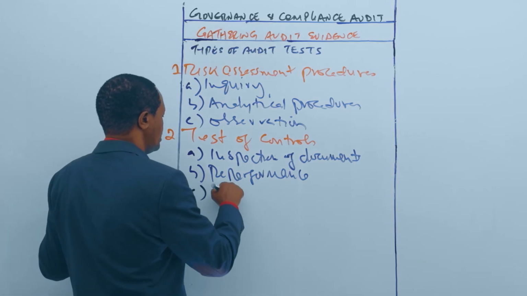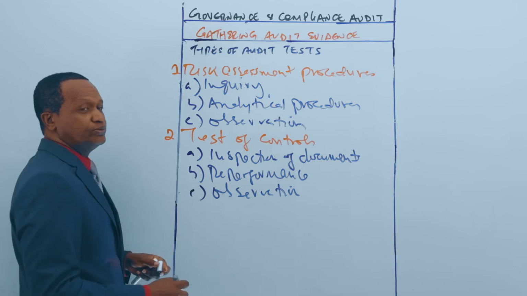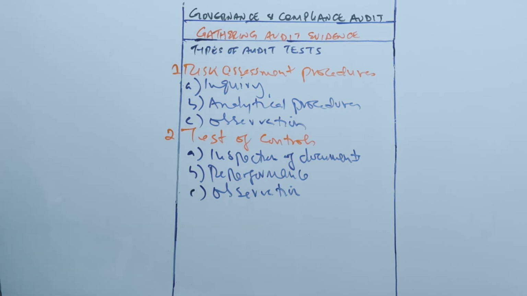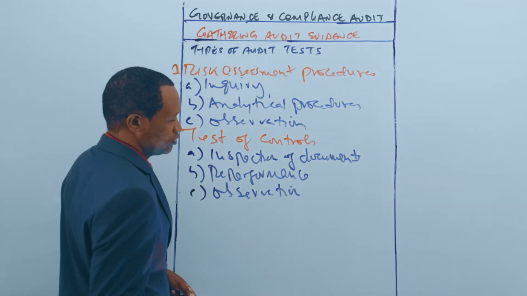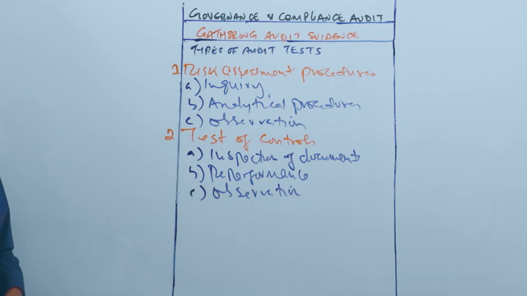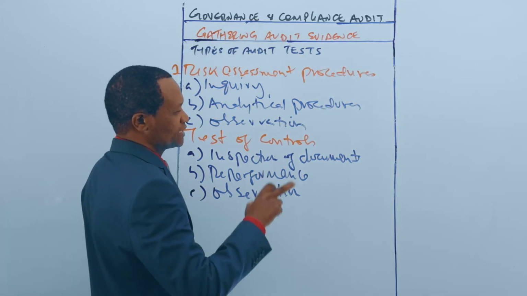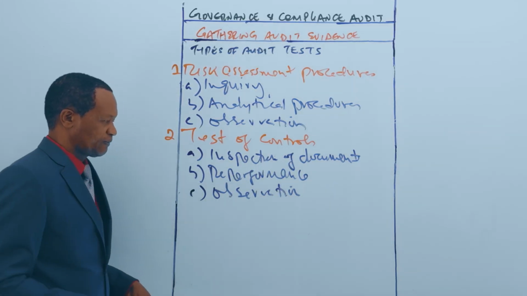Observation is another way to test controls. That means watching a staff member perform a specific task, like watching physical stock taking to ensure they follow the official standard operating procedures.